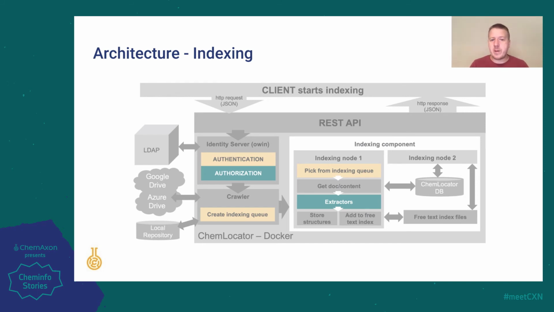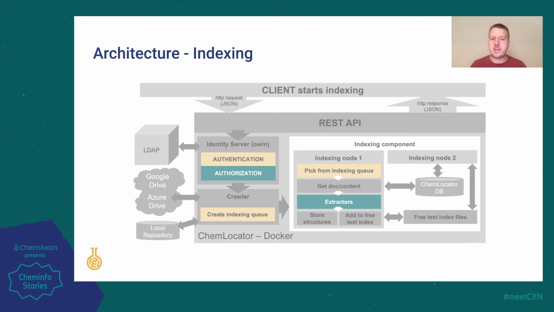When the client starts the indexing, it connects to a REST API, which is part of the ChemLocator image system. We provide Docker images, so everything can be hosted platform independently, because the ChemLocator application is platform independent right now.